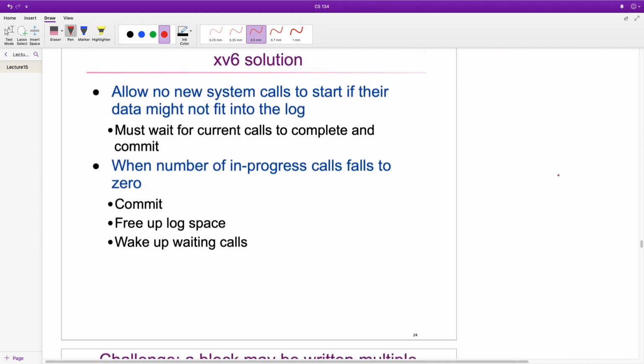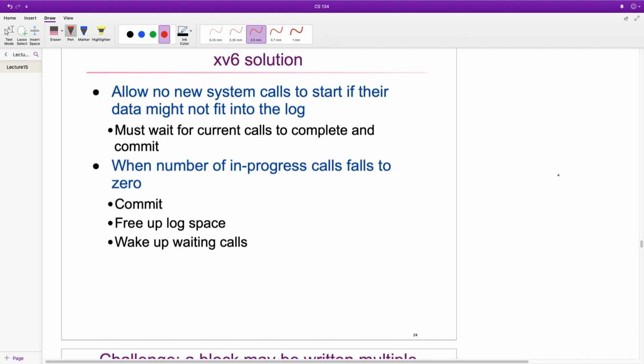So here's the rule. If a new system call comes across that's trying to write to the file system, that basically says begin transaction, you check and you see, are we going to be able to fit that in the log? We know how much space is left in the log. We know how many system calls are running and how much they've used so far, or how much they could possibly use.